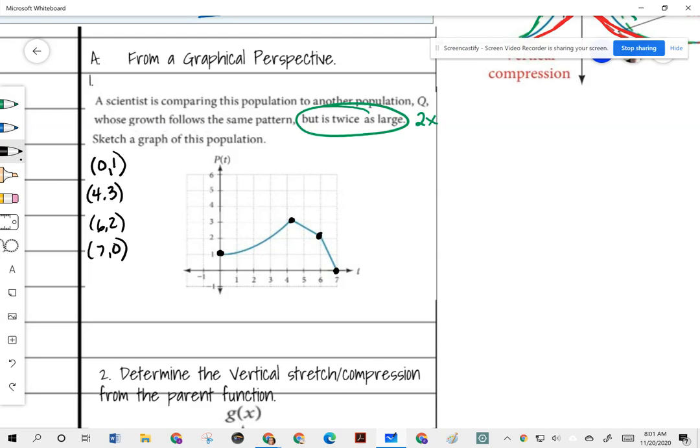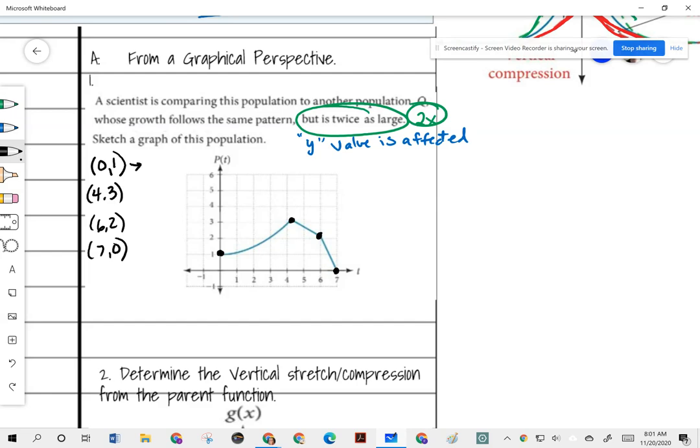So remember that on a vertical stretch or compression, the only thing that's going to change, the only thing that is affected is the y value. So the y value is affected, and it's affected by 2 times that.